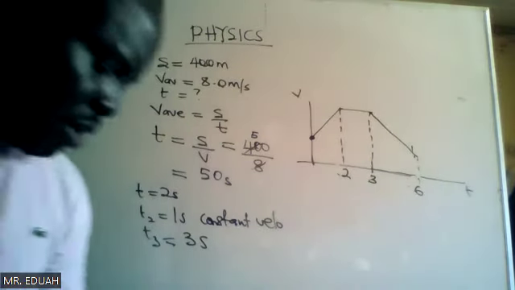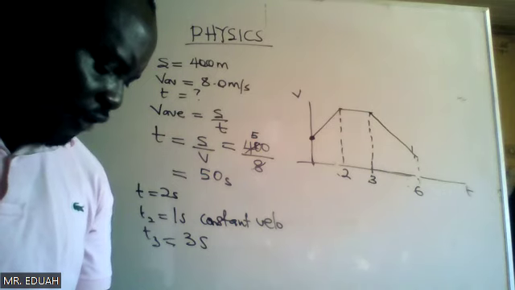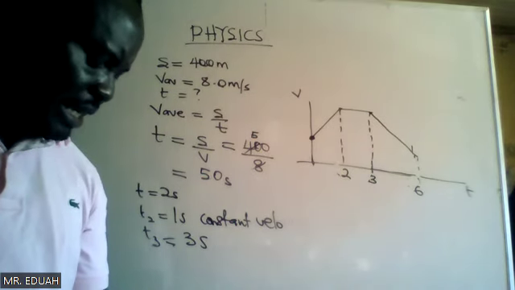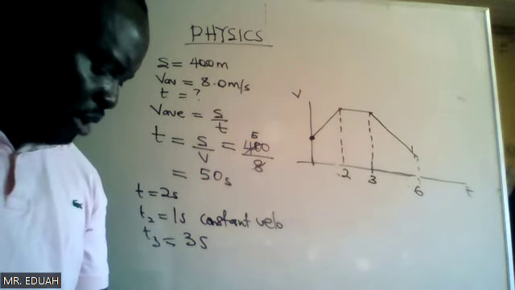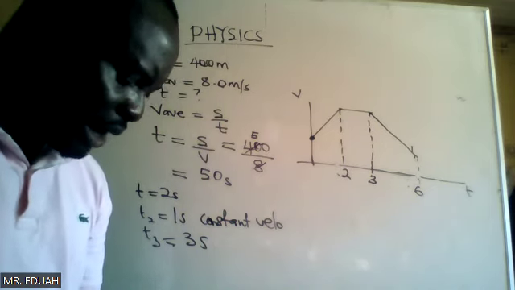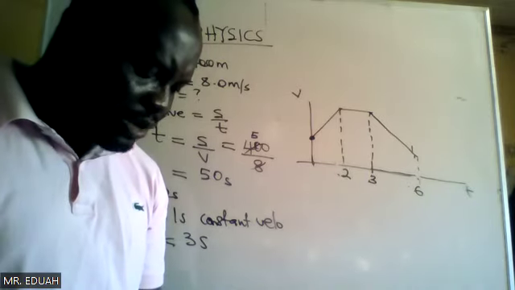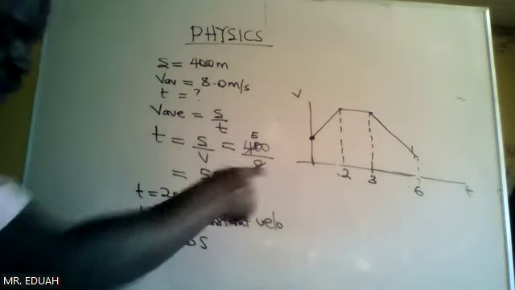So when you compare what we've done to all the 4 graphs here, answer 1 and answer 4 look similar, but let's look at it well to see if it's in line with what we have.